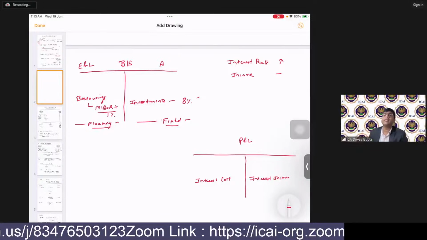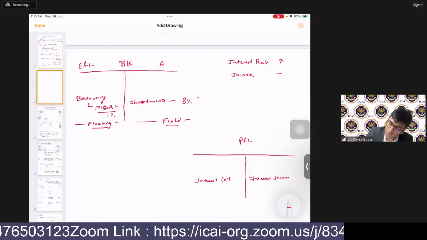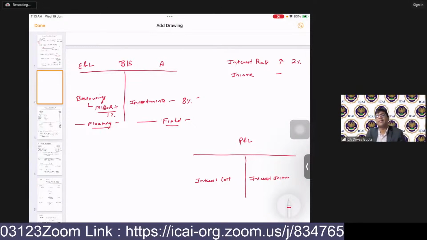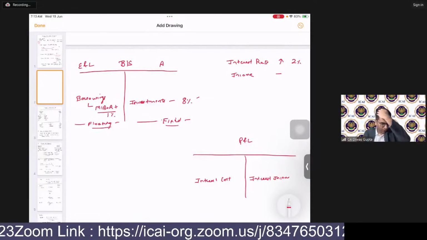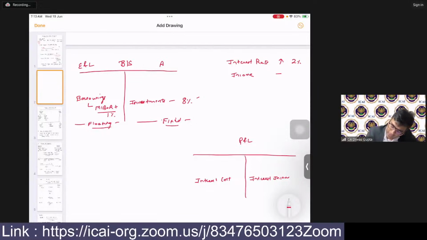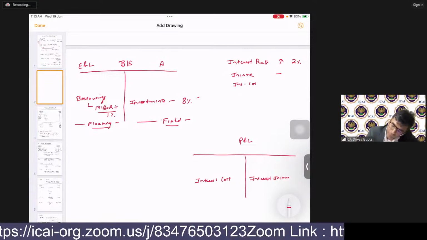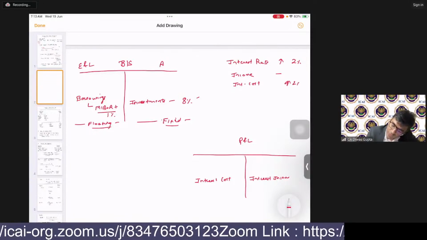I'm talking only about the incremental impact. Let's say the interest rate goes up by 2%, for example. Your income will have no impact, but your interest cost will also increase by 2%, students.